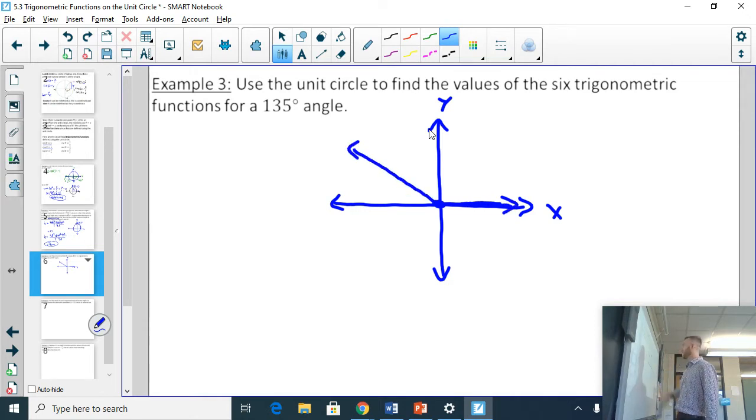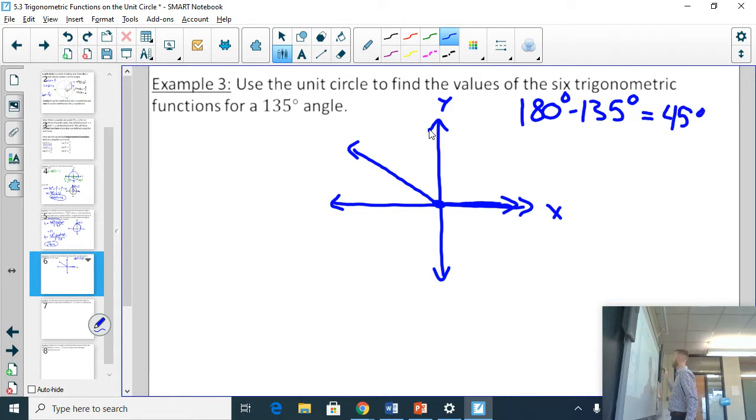Not 180, but greater than 90. And so I'm just going to stick it there. But I'm going to find its reference angle. So if I do 180 degrees minus 135 degrees, that's going to get me 45 degrees. So that means that this little angle here is 45 degrees.